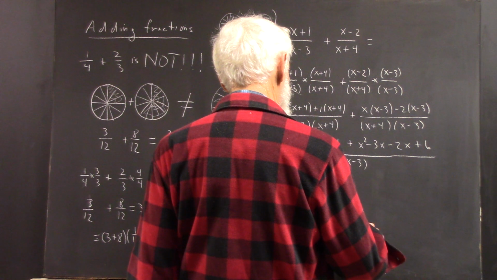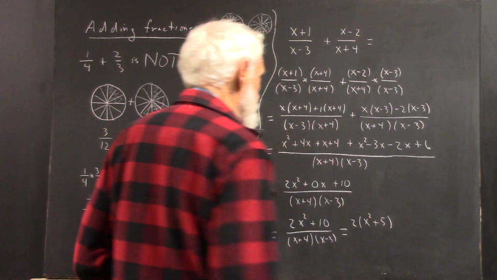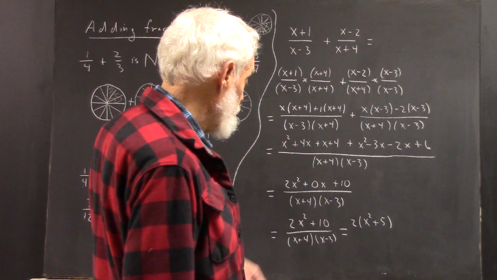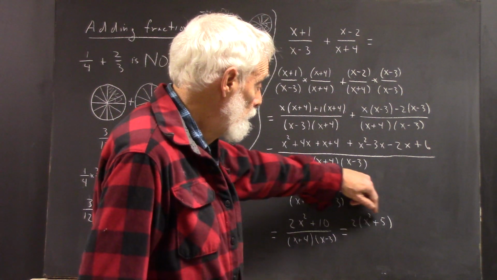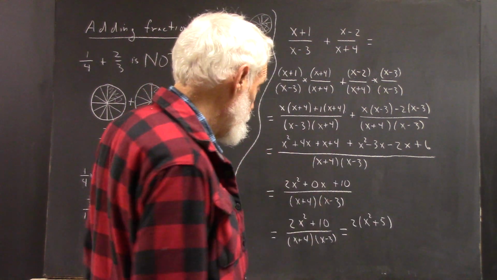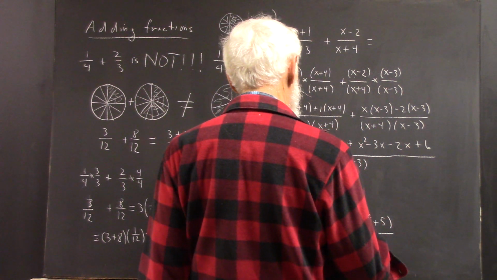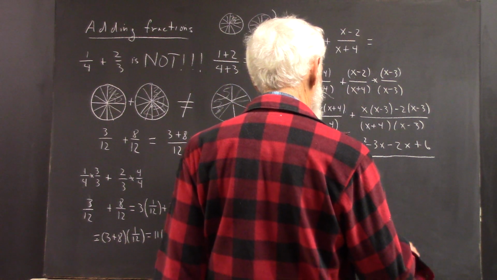And we can write the numerator as 2 times (x squared plus 5). And we can verify that this is equal to this by simple application of the distributive law. 2 times x squared gives us 2x squared. 2 times 5 gives us the 10. And that's over (x plus 4) times (x minus 3).